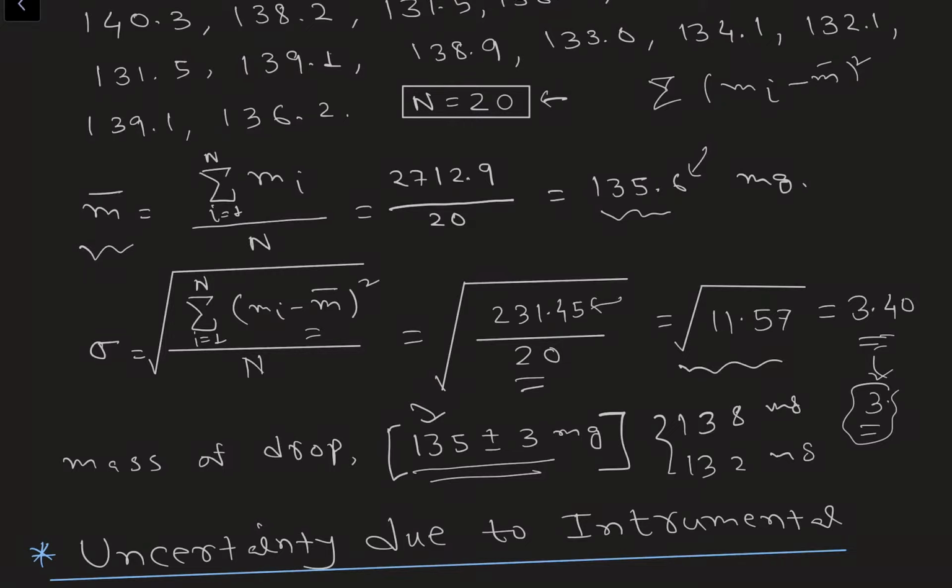So most of the weights he will get are in between these two values. That is what is meant by this observation. In this way we can calculate random error.